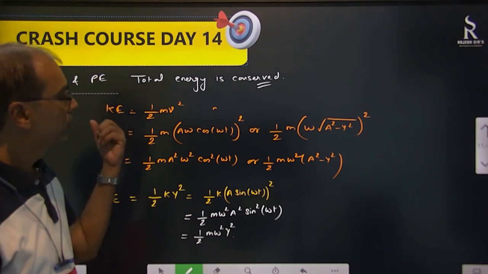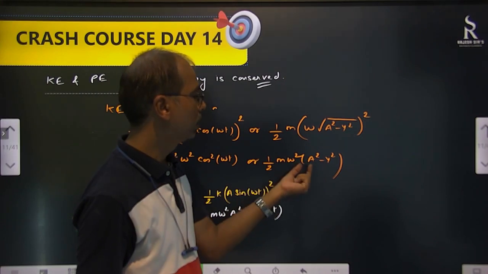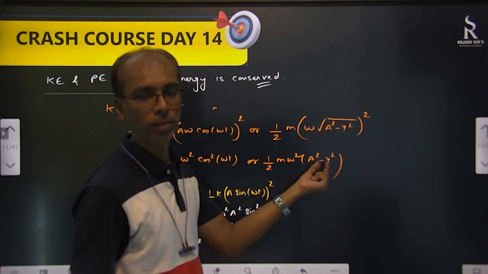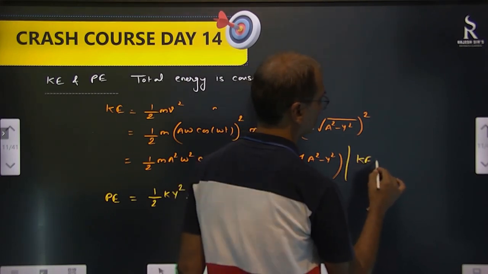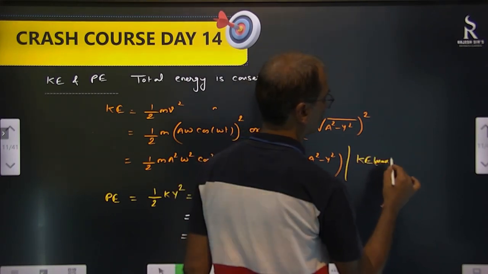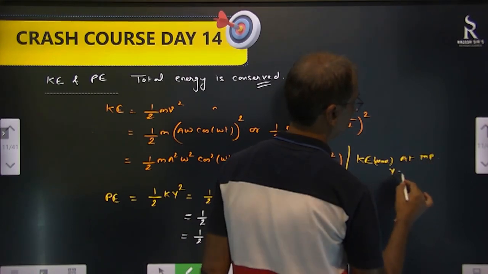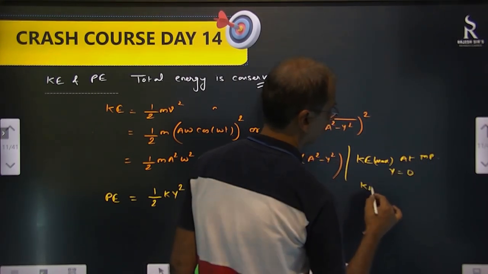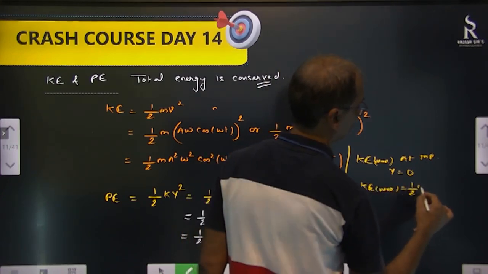See here also, when is kinetic energy maximum? At the mean position. At the mean position, what is the y value? 0. Kinetic energy maximum is at the mean position where y is 0. That is, kinetic energy maximum is half m omega square a square.